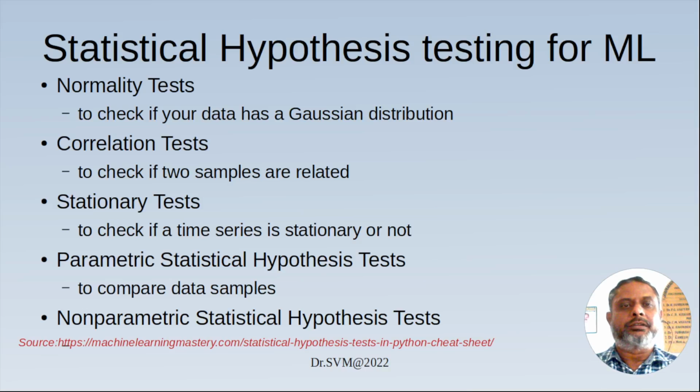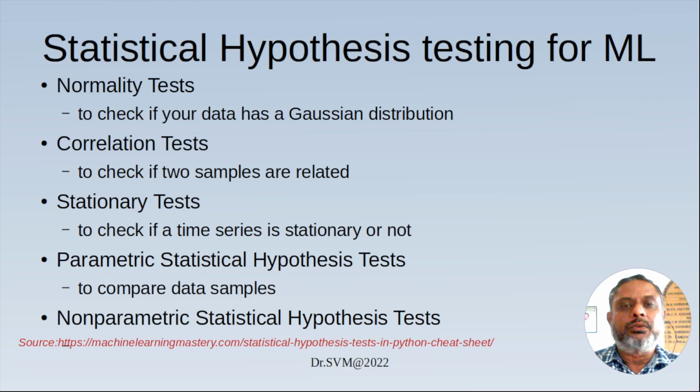Right. Now let's continue our discussion on the statistical hypothesis testing methods available for machine learning purposes. There are in fact many testing methods available, but as far as machine learning is concerned, some of them are favorites.